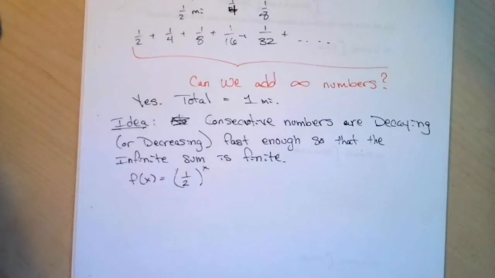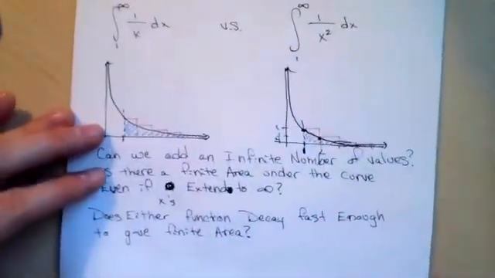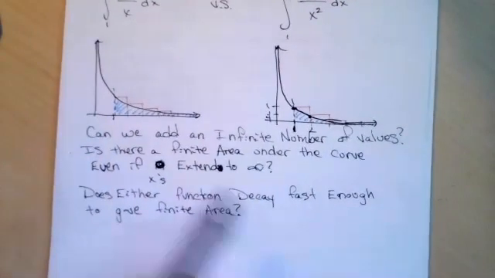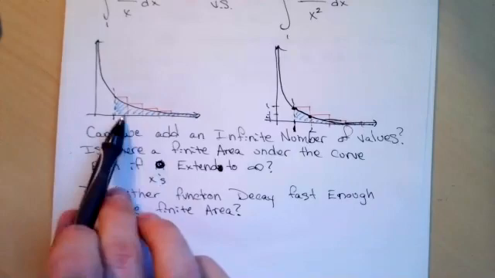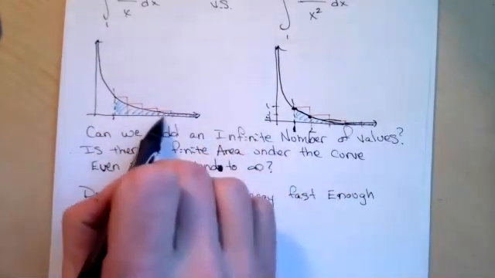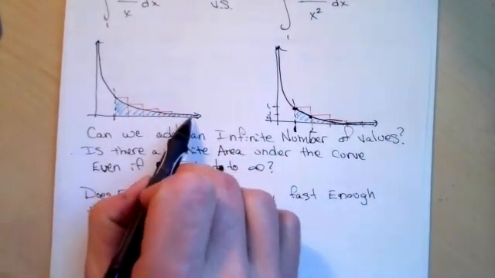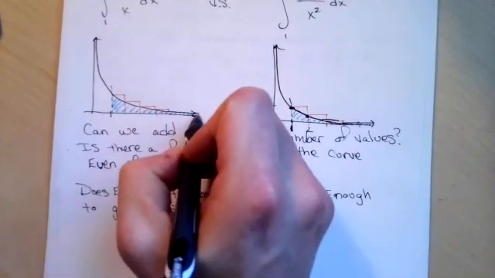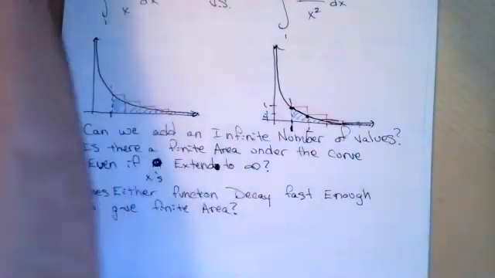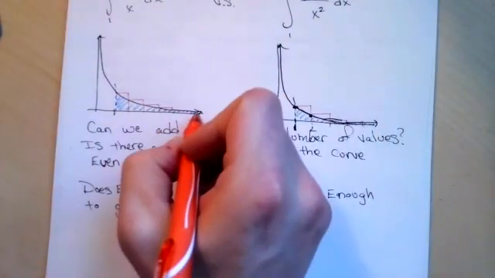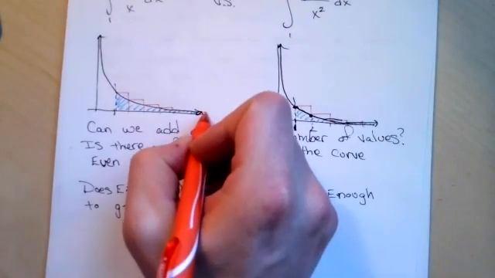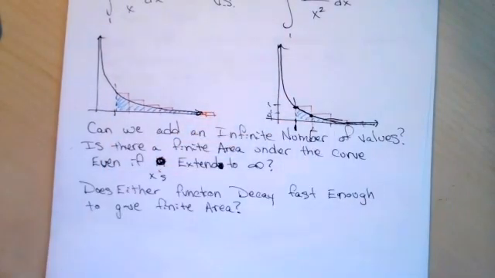And this is what's going on with our x and x squared. It's counterintuitive at first, right? Because the graphs look pretty similar. And this one, it's decaying, but out here, every unit interval that we go, the area we add is getting smaller and smaller.